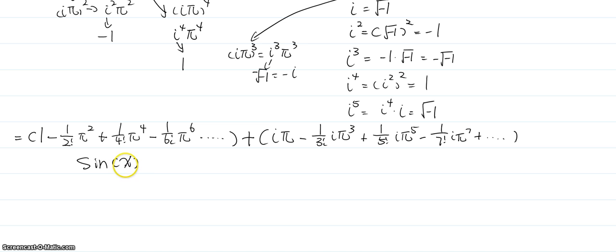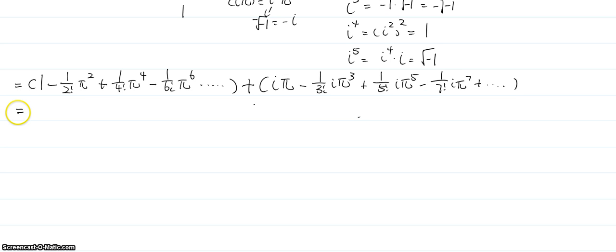How do I get that? Sorry, that was a mistake. In this case, the first group looks a lot like cosine of pi, because cosine of pi is 1 minus 1 over 2 factorial pi squared plus 1 over 4 factorial pi to the 4th, and this goes on.